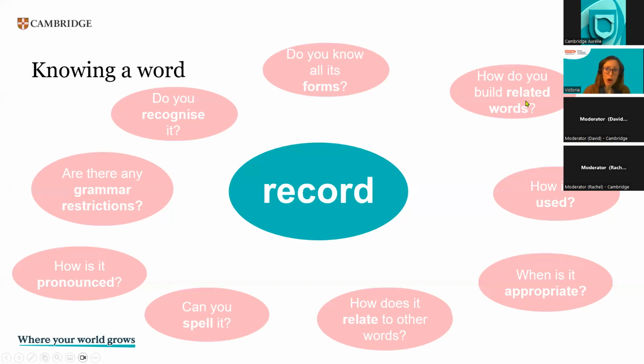It also means that we know how to build related words, which would be very, very useful for part 3. That we know how it is used, when it is appropriate, how it relates to other words, how it collocates, if we can spell it, if we can pronounce it correctly. So there are a lot of aspects that we need to understand.